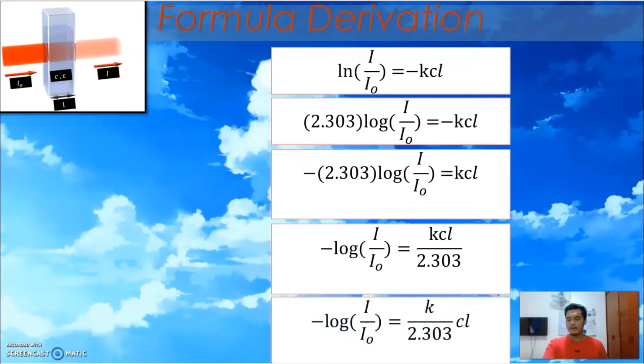Let's say that k over 2.303 times CL is equal to negative log of I over IO.